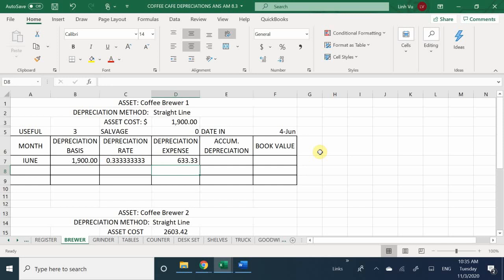And so it would be $633.33? No. That is approximately how much you would depreciate it for 1 whole year. Take that 633 and multiply it by 3 and tell me, do you get anywhere close to 1,900? Got you. So this is 1 whole year's worth of depreciation expense.